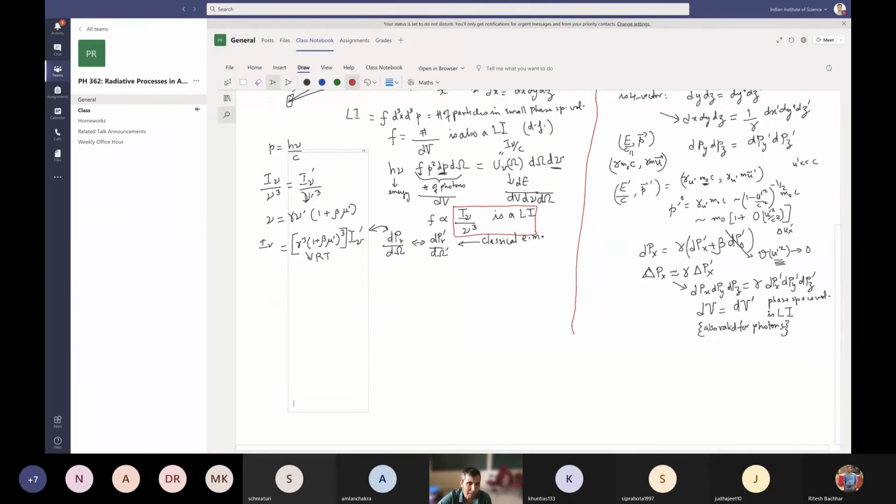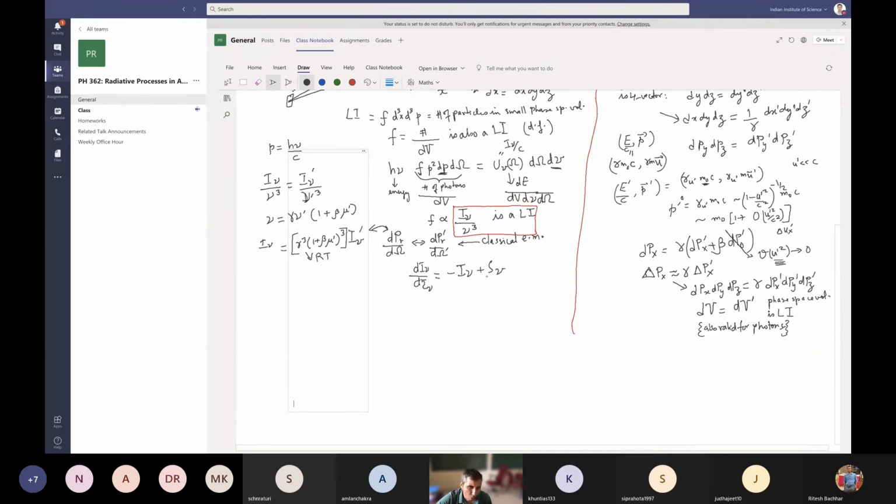What about other quantities that appear in the radiative transfer equations? Say, for example, dI nu by d tau nu is equal to minus I nu plus S nu, right?